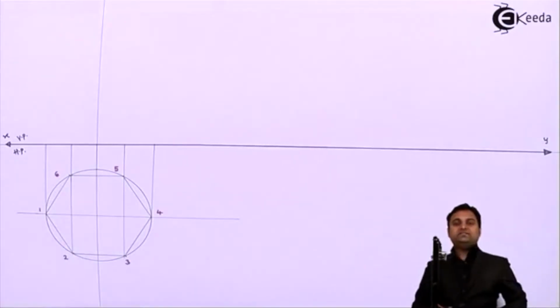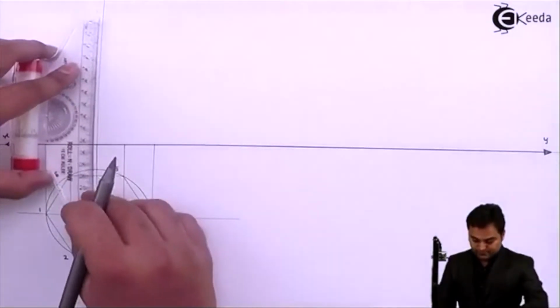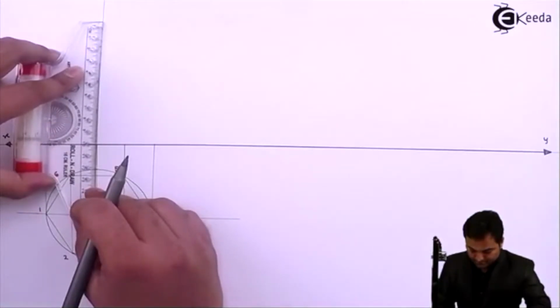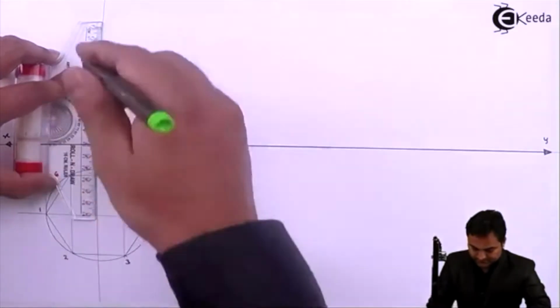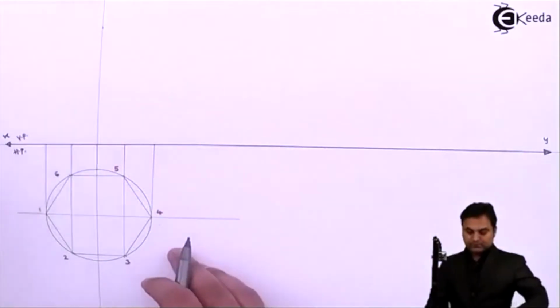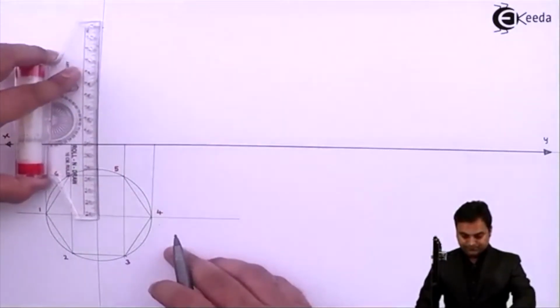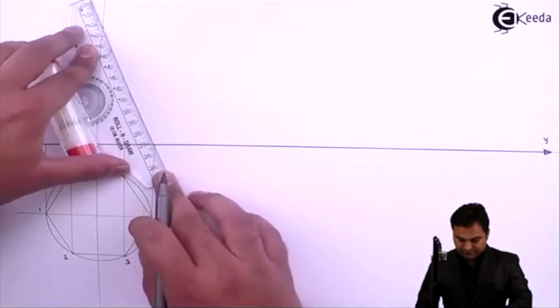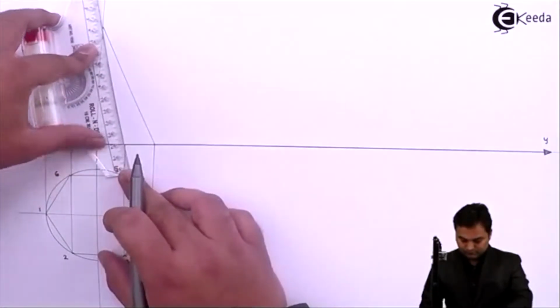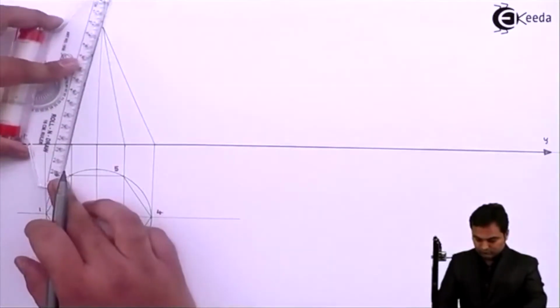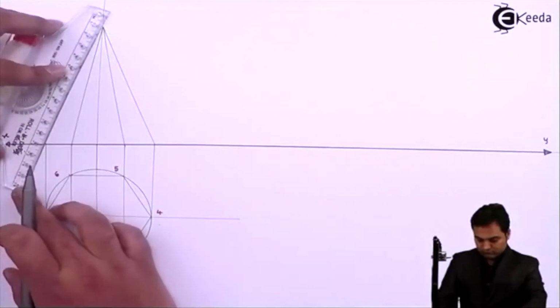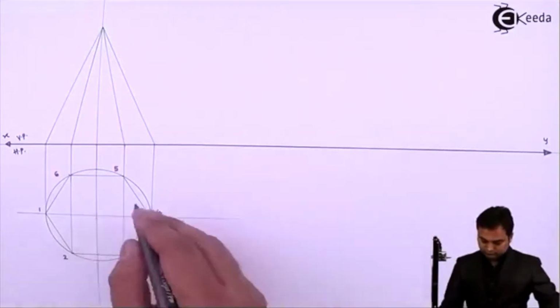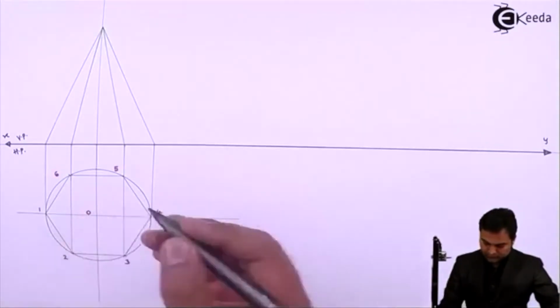Now the axis height is given as 100. I'll measure 100 over this, and that will be the axis height. Next, joining it to form the slant edges. Here is the apex.